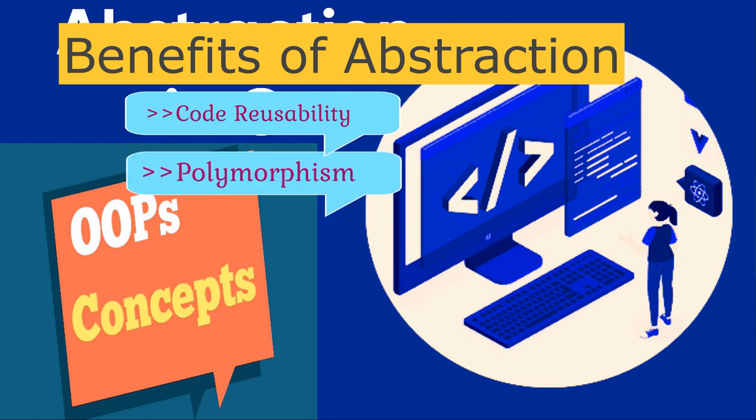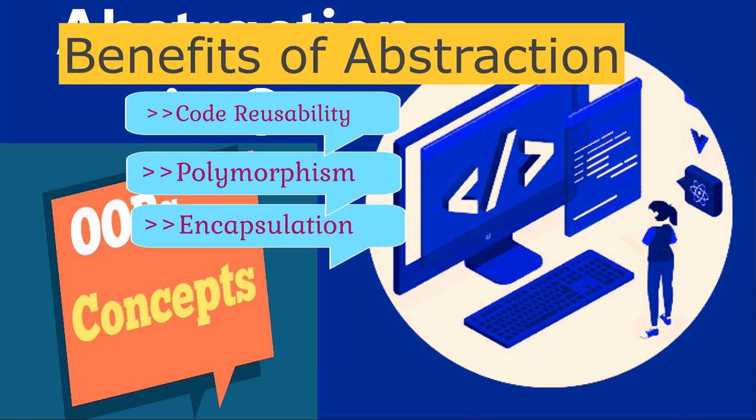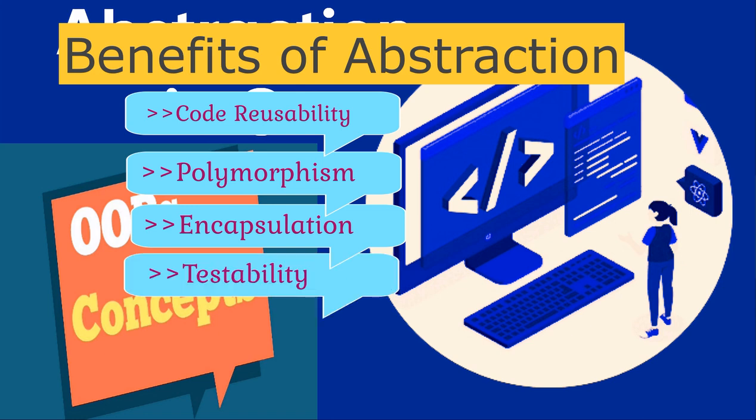Abstraction enables polymorphism, allowing objects of different classes to be treated uniformly if they implement the same interface or derive from the same abstract class. Encapsulation. By hiding implementation details, abstraction enforces encapsulation. Next, testability. Abstract code is often easier to test since it defines clear boundaries and focused responsibilities.